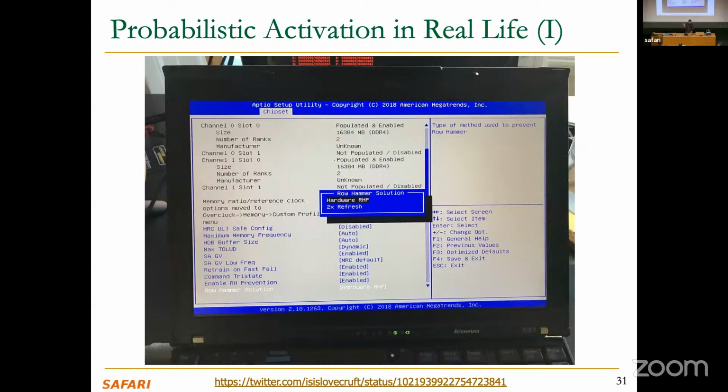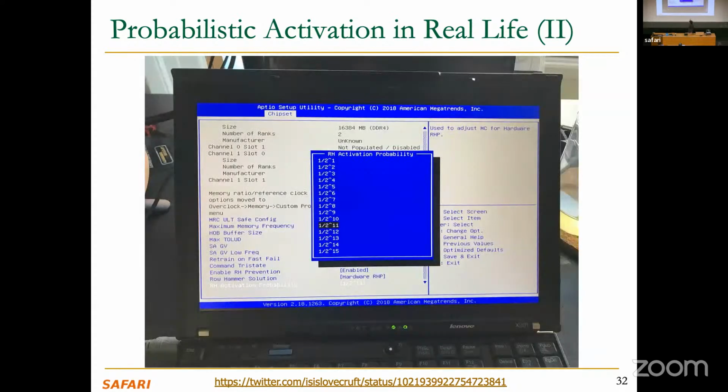Here's an example of something like PARA implemented on a real system. I'm not sure if the text is readable to you, but this is a ThinkPad laptop. In the BIOS, you can enable hardware RHP, which is how Intel calls PARA, or choose to double the refresh rate.